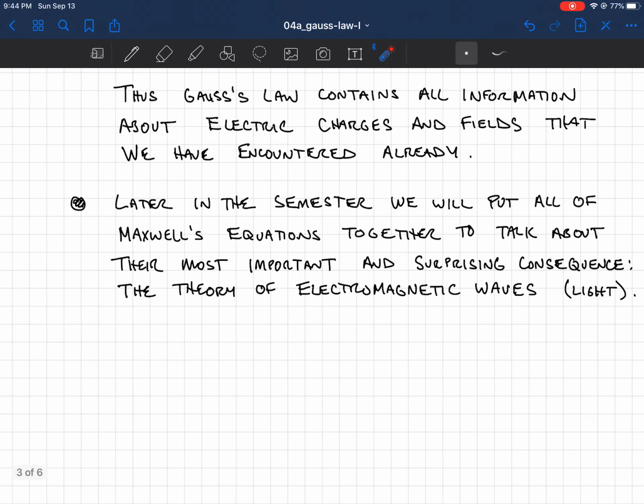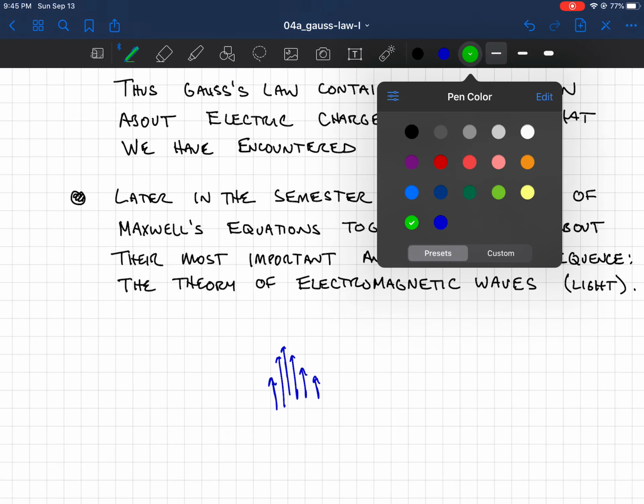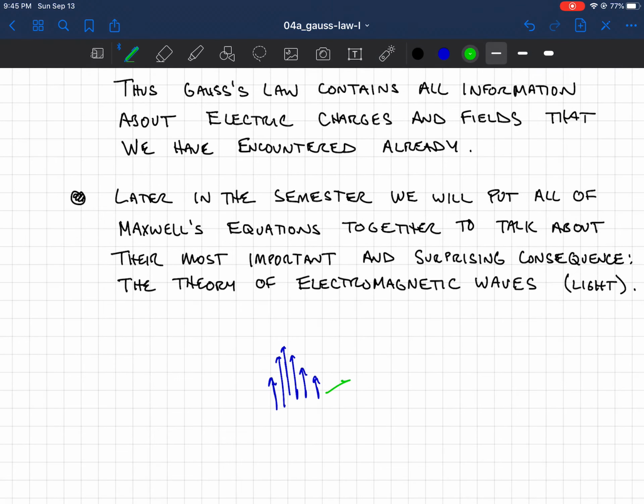Later we're going to put these equations together, and we'll talk about more things. For instance, if you have electric fields that are oscillating, so sort of going up and down, then that leads to magnetic fields, which I'll draw in green, which are also oscillating. And then they sort of oscillate with each other.